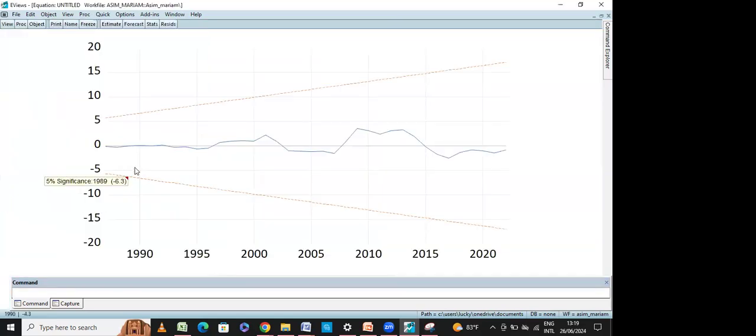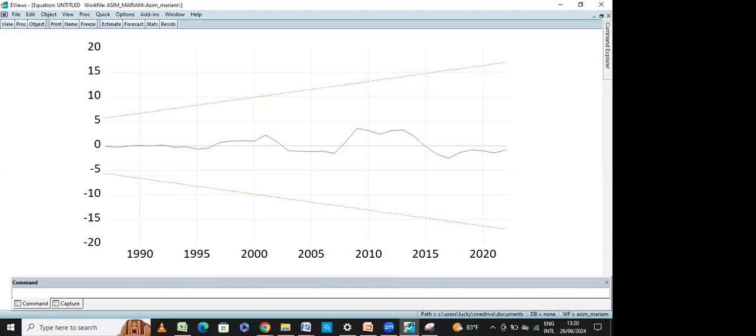And the rule of thumb for this kind of test is that this blue line, which is technically the system line, should be between those red lines. If this blue line is outside the red lines, we can say that our system is not stable. Our ARDL estimation is not stable.